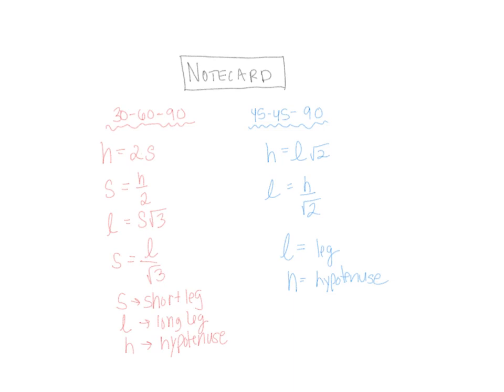If we look at our 45-45-90, the L there is for the leg, and we know that the legs are the same, and H is for the hypotenuse. So the hypotenuse is equal to the leg times the square root of 2, and the leg is equal to the hypotenuse divided by the square root of 2.